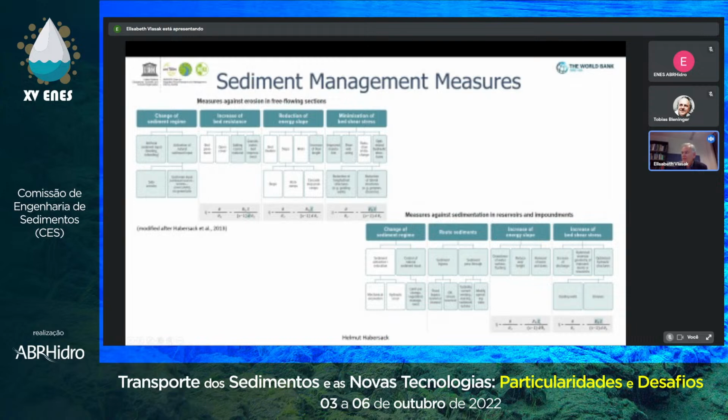So if you increase the energy slope, of course, then the Shields parameter is increasing. Or if you look into that, in this case, the shear stress is the product of the hydraulic radius times the slope. So we have then to look into also water depths as a synonym of the hydraulic radius for certain conditions.